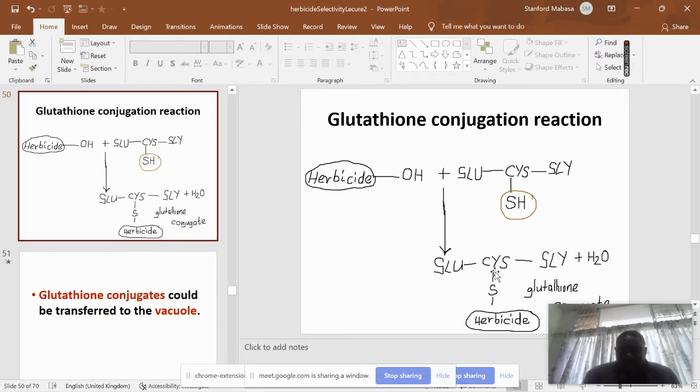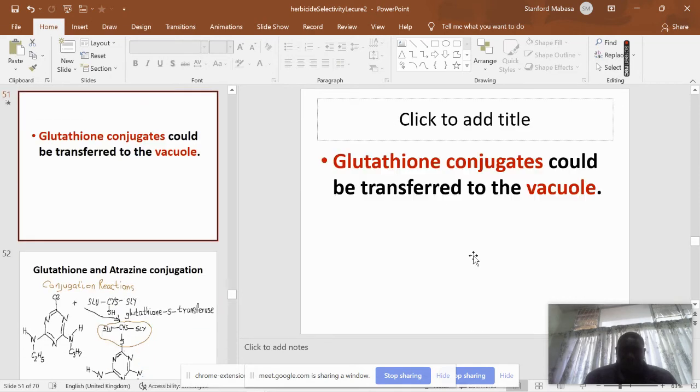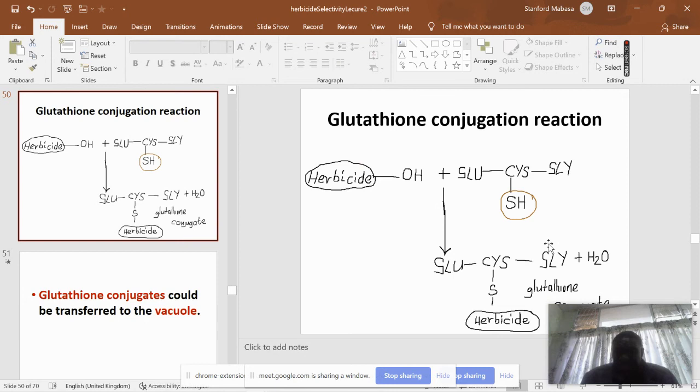Now this bit will cause the herbicide to be less toxic. So you've got glutathione conjugates that could be transferred to the vacuole. So this part here will be moved to the vacuole of the cell. And that's the end of the herbicide.